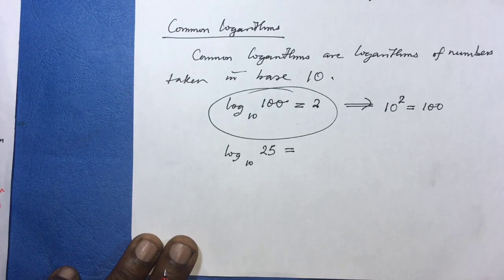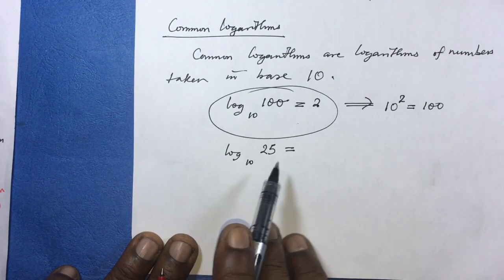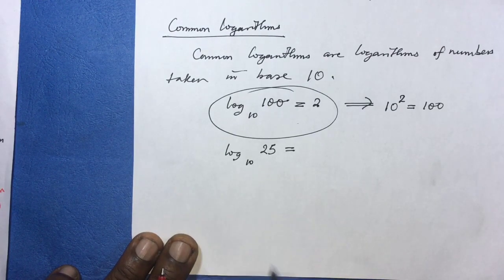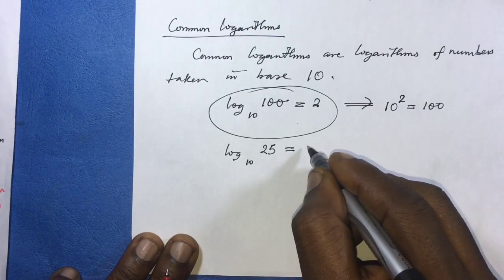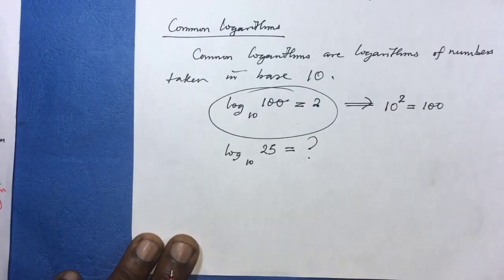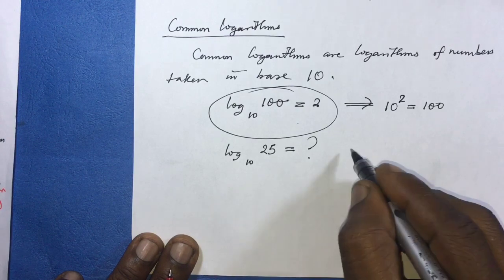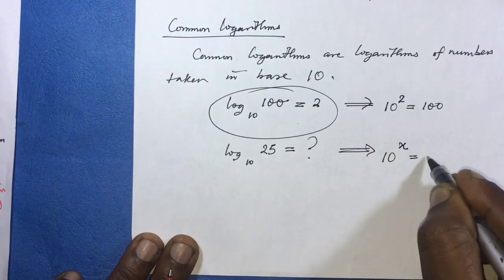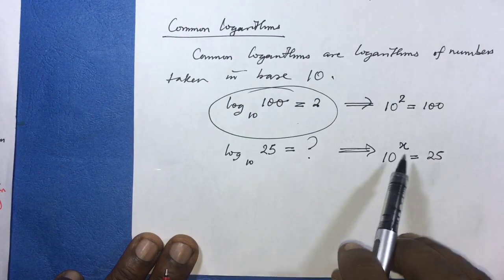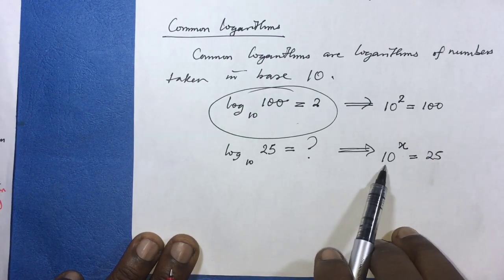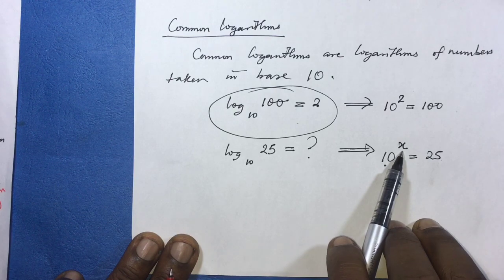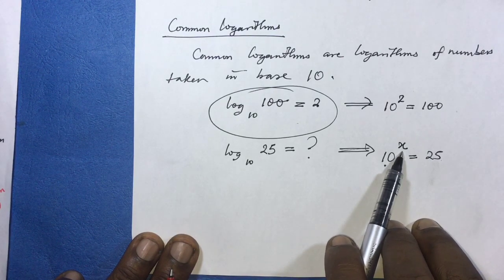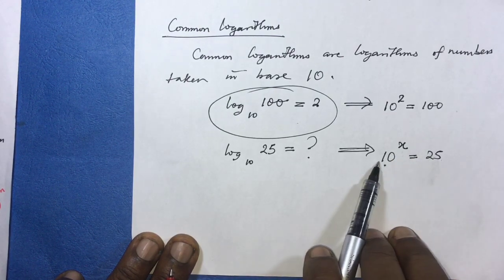But for the logarithm of 25 in base 10, it is not as easy to obtain using this same technique. 10 raised to power what gives 25? If there is a number x to which 10 can be raised to give 25, that x will be called the common logarithm of 25 in base 10.